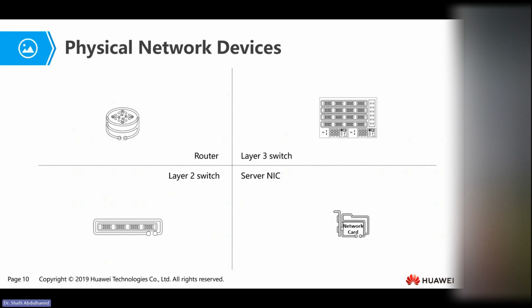But I want to ask the question, what's the difference between layer 2 switch and layer 3 switch? Who can tell me? Layer 3 works like a router, while layer 2 works like just a normal switch, like a hub.